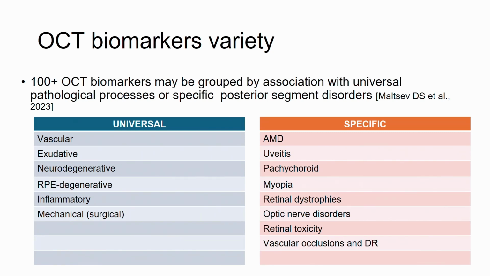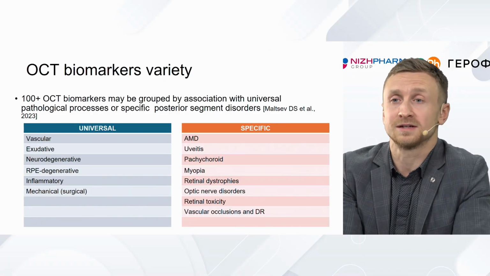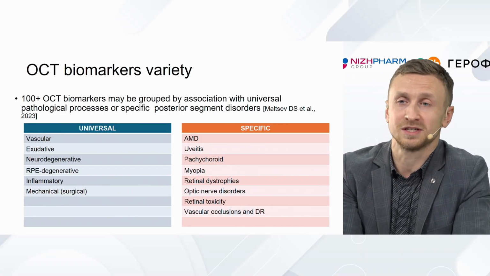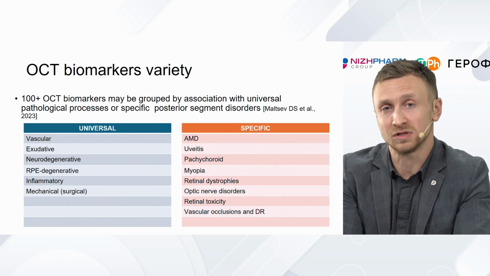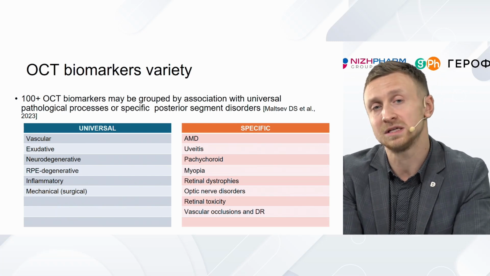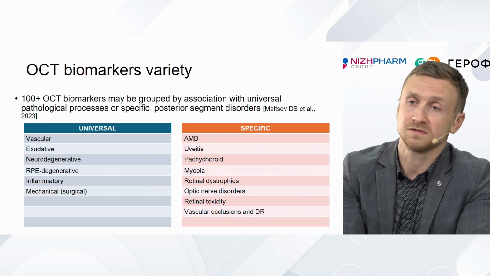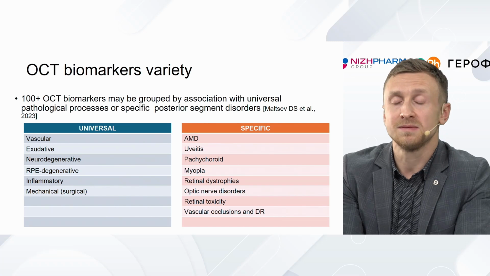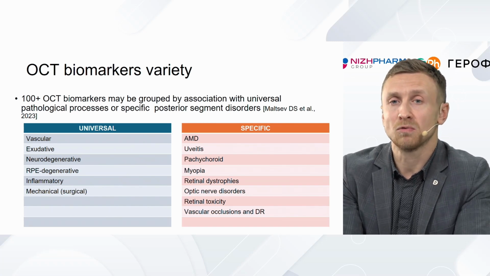In our turn, even last year, we offered an approach for OCT biomarker systematization that roughly splits these 100 plus biomarkers between universal and specific. So universal are the ones which are typical for the pathologists, frequent pathologists, and this is vascular, exudative, neurodegenerative, RPE degenerative, etc. And there are specific ones which are related to specific diseases or minor groups of the diseases.